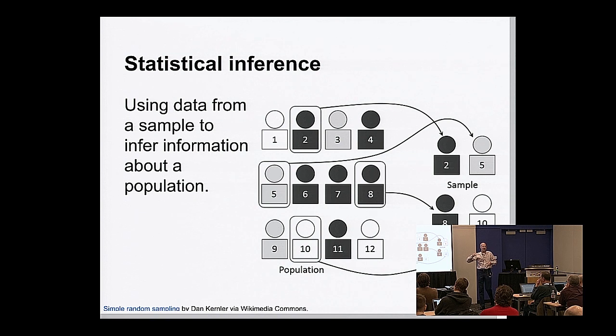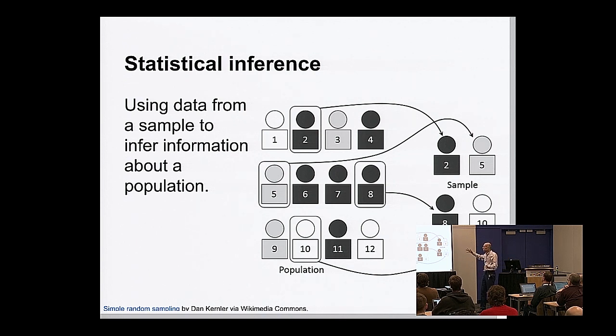The inference that you are making is that based on looking at a small sample, you are trying to infer what's actually happening in a larger group, which is the population. So sometimes this is literally people, a sample of people from a population of people. Sometimes the word population is being used more metaphorically as an abstract population of hypothetical things that might happen.